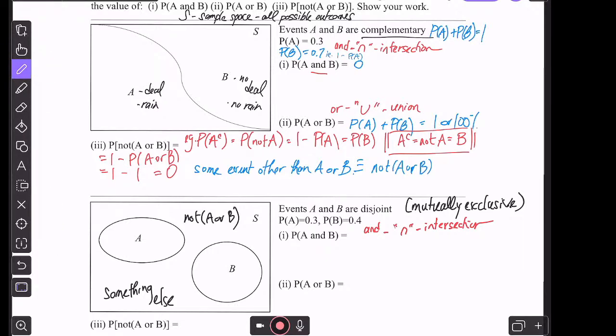Where does that happen? Do they ever intersect? No, they never intersect. There's no intersection. So this will have to be 0 as well. So it's similar to complementary events in that way.